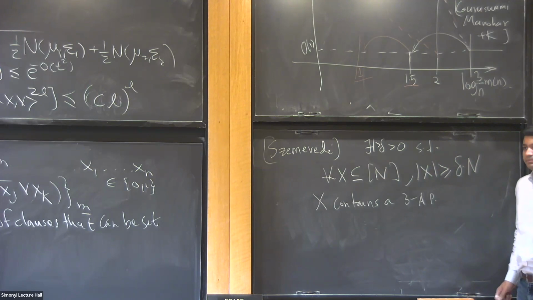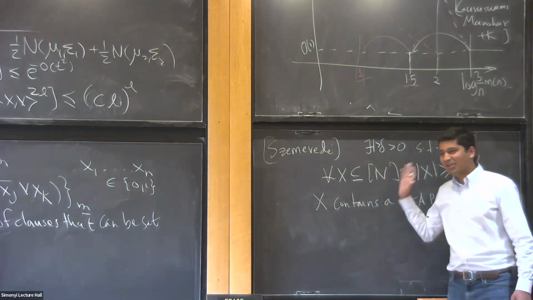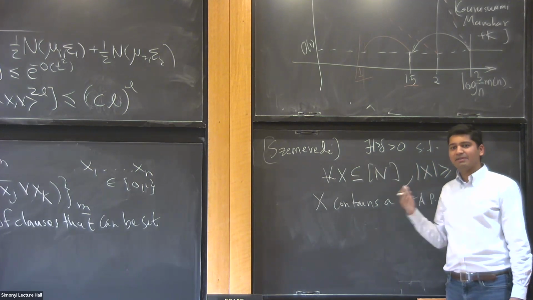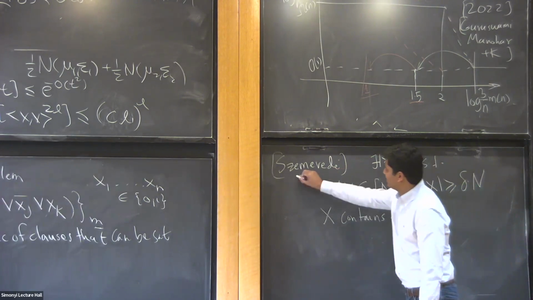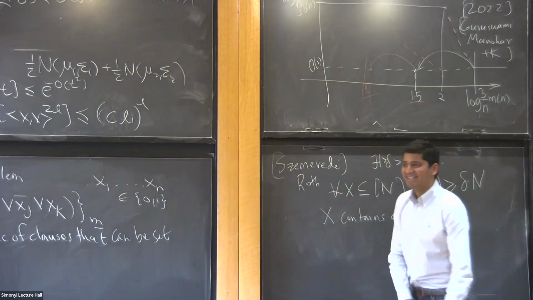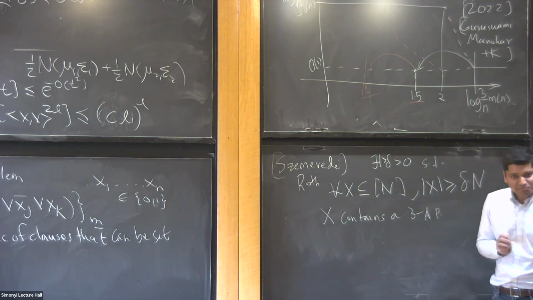I think 3-term was known before. Actually, yeah, this is Roth's theorem. Somebody proved it for arbitrary fixed k-APs, okay? But let's say, the reason I say that, I want to see your application, whether it's for just 3. Yes, yeah. Good.